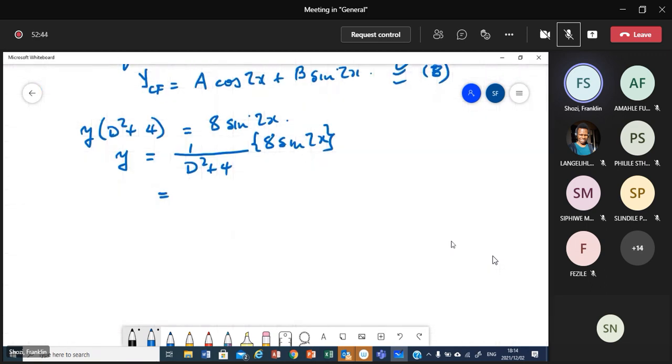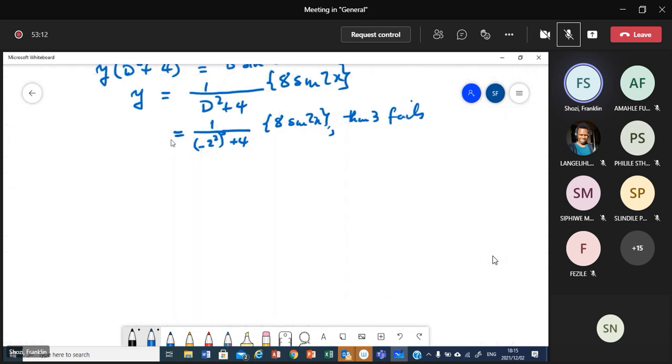It's a trig function. There is d squared. By theorem 3, which I think is going to fail. So d squared there is minus 2 squared plus 4 acting on 8 sine 2x. Then minus 4 plus 4 is 0. Then you write that theorem 3 fails.